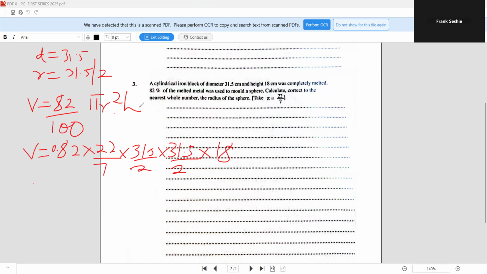So using a calculator, 0.82 times 22 times 31.5 times 31.5 times 18 should give us the answer 32203.42. And that should be out of 7 times 2 is 14, 14 times 2 is 28.